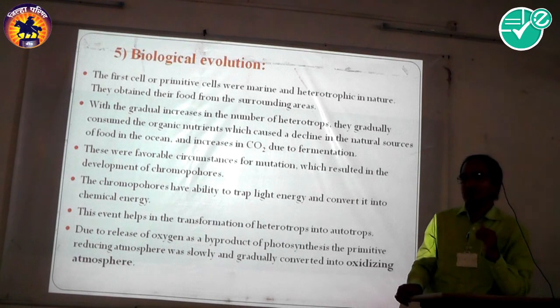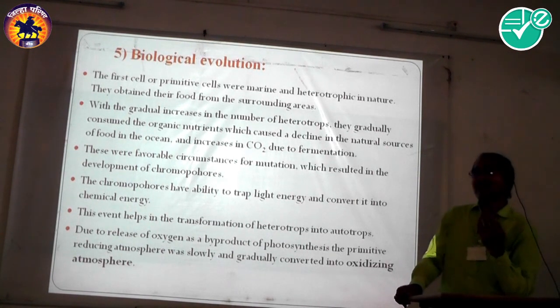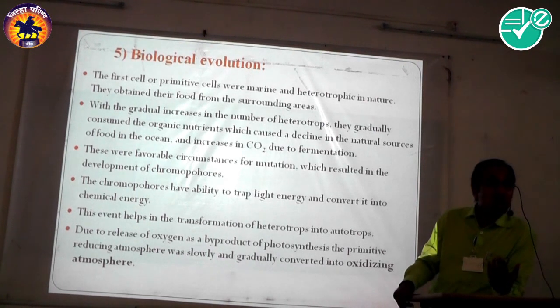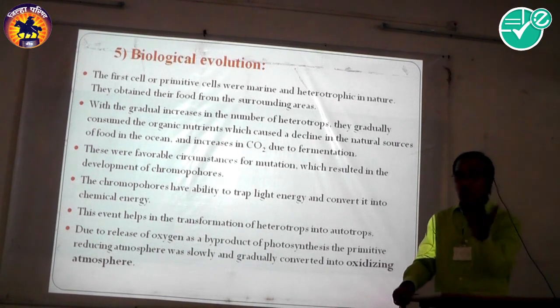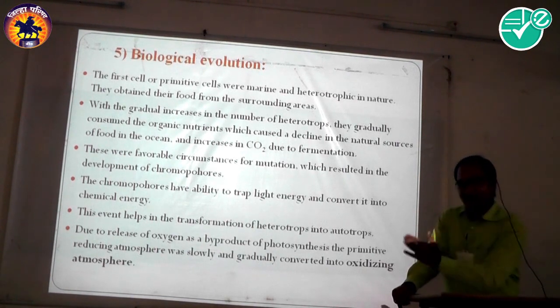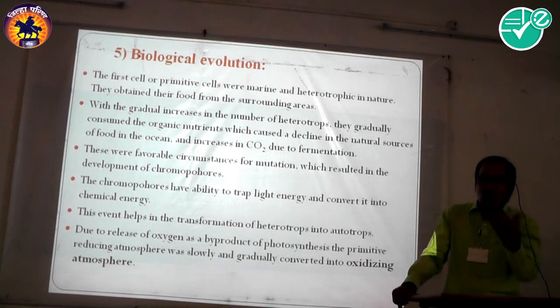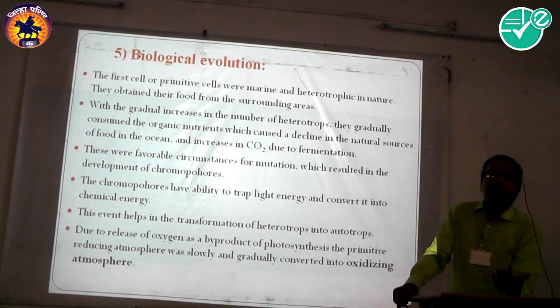Now, why does the process of fermentation take place? When the number of cells increases in that marine condition, they consume more food material. So the number of cells continuously increases, but the food material goes on declining. As there is more consumption, there is more fermentation, and carbon dioxide is continuously liberated.